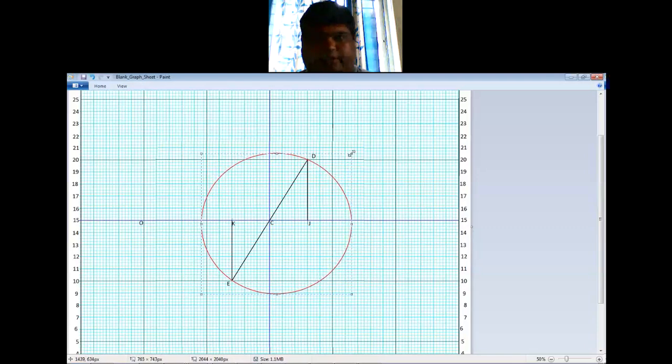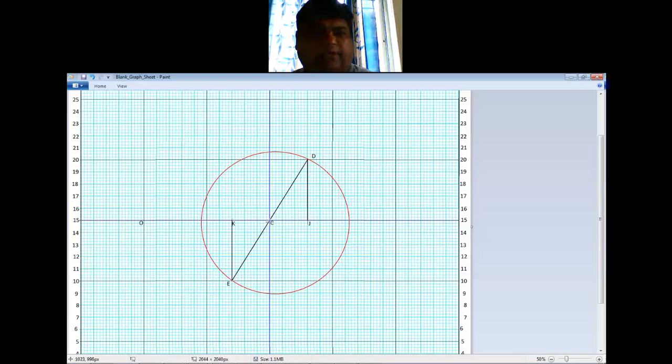It became slightly elliptical, but that's okay because I'm not going to use this anyways. Okay, so with C as center and CD as radius or CE as radius, you draw a circle like this.